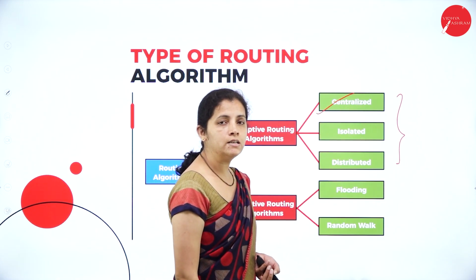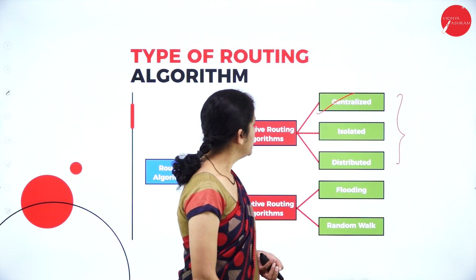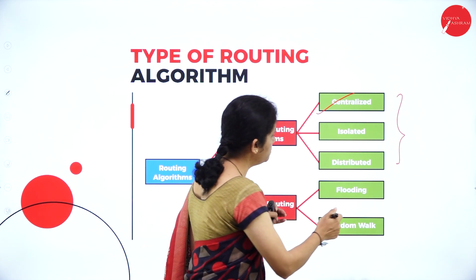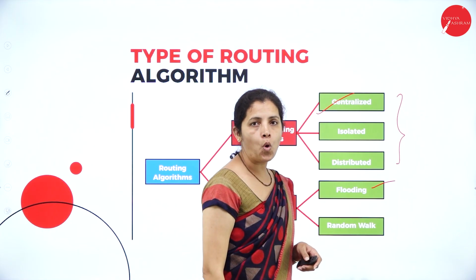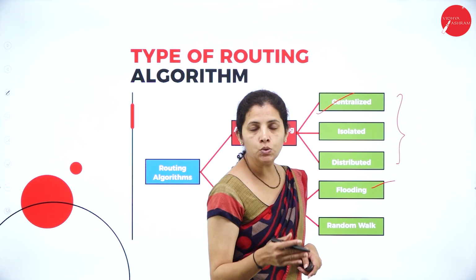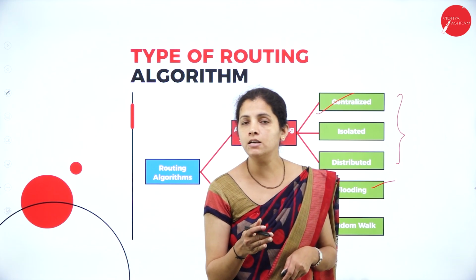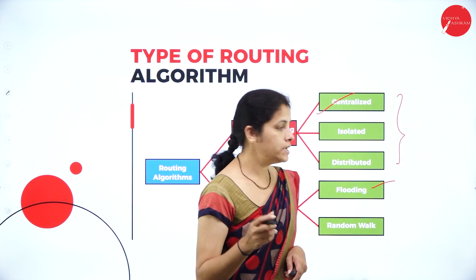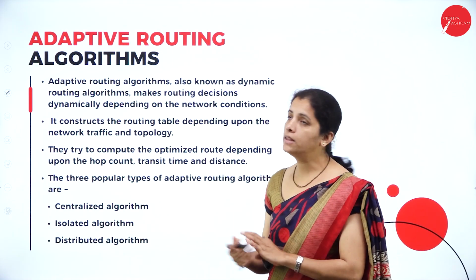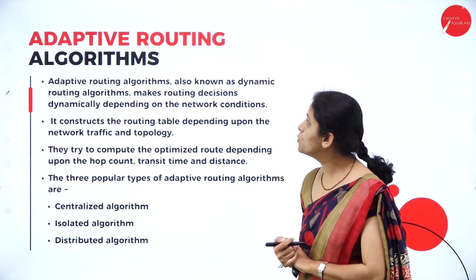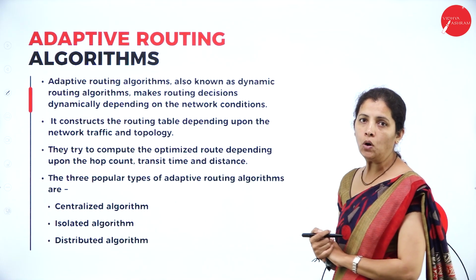And if I consider non-adaptive routing algorithm, then I'm going to have the flooding and random walk. Anyway, dear student, according to the syllabus, we have to study flooding. So, dear student, before that, let me discuss what is adaptive routing algorithm.